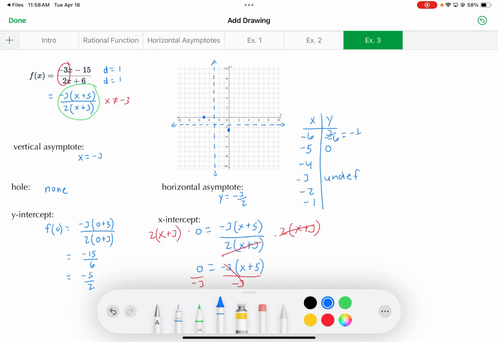So that's going to ultimately give me -1/2. If I plug -4 in, I'll get -3 in the numerator over -2. So that's 3/2.